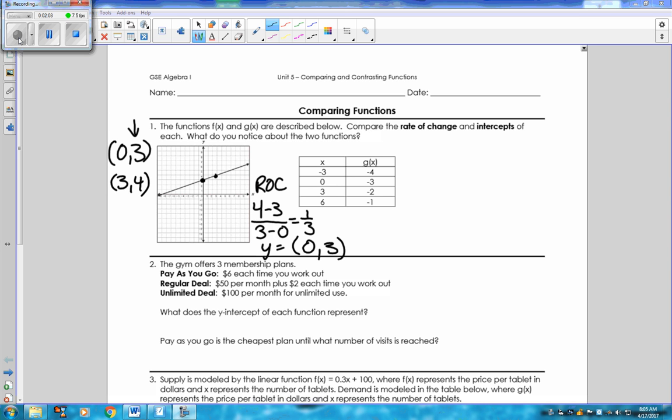My y-intercept is 0, 3. Y-intercept is here. Negative 3 on the y is down here.